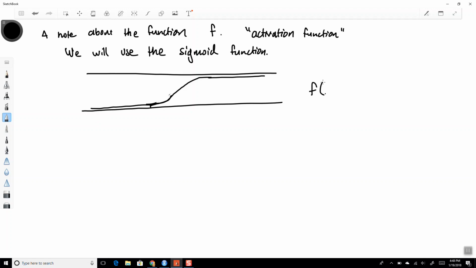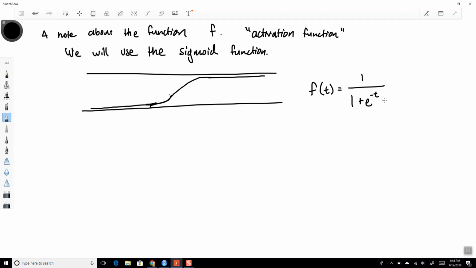The function is defined as 1 over 1 plus e to the negative t. So for very large values of t, e to the negative t becomes very close to 0, so you get 1 over 1.